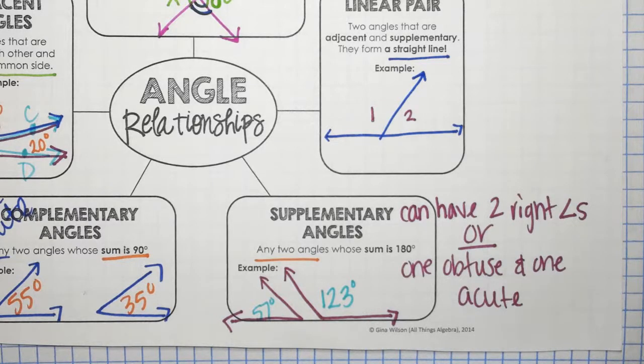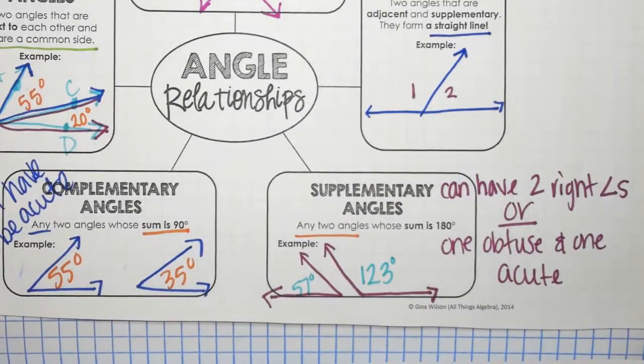Take a point. Curtis, can you tell me another fun fact? They can have two acute angles. Two acute angles. Yes. Okay, take a point.